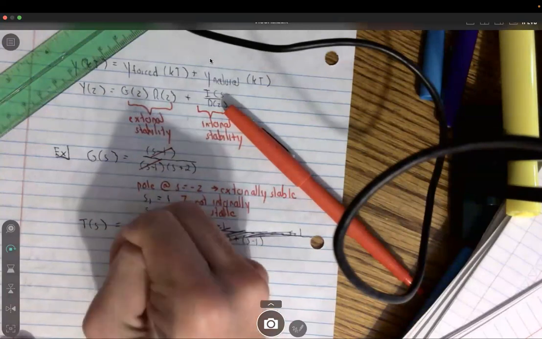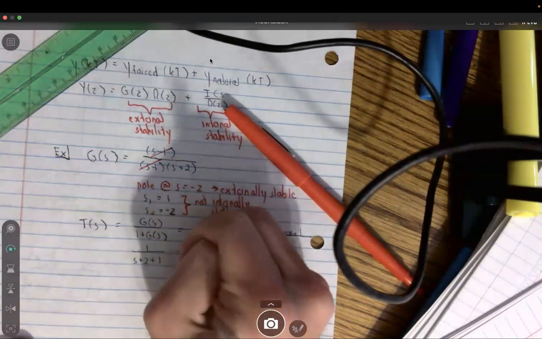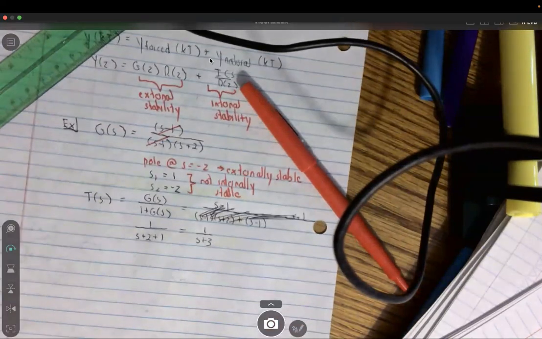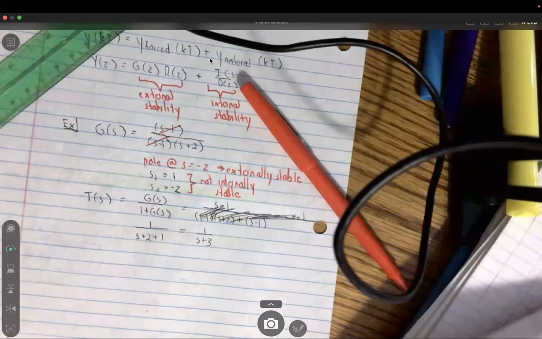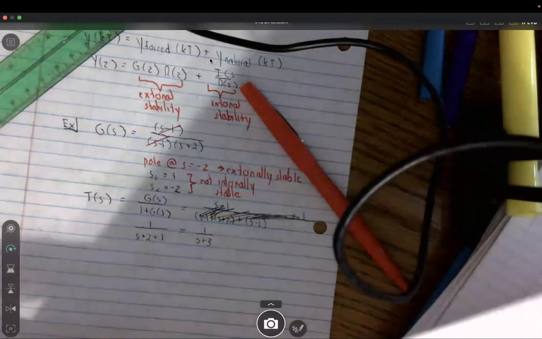So you get 1 all over S plus 2 plus 1. So you get 1 over S plus 3. So you notice that you'd only have one pole at -3, so then it would be stable. This is just like a definition. He had an example, but don't worry if you don't understand it because you're not tested on it. So don't worry about that one.